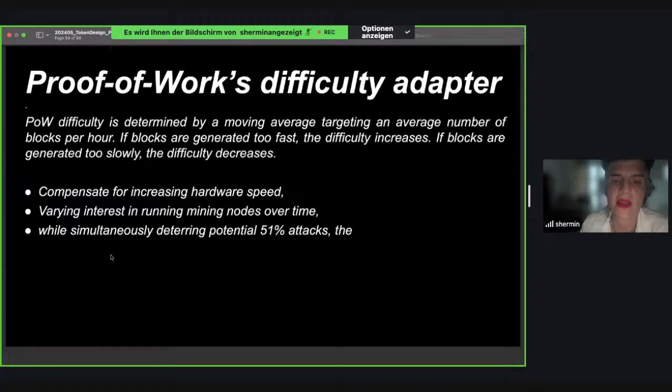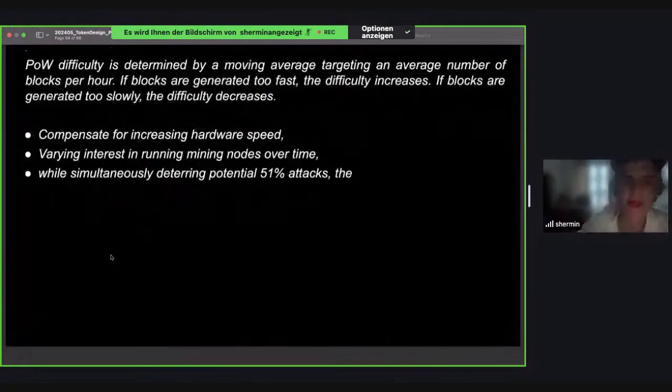So you need an automatic adapter to compensate for increasing or decreasing network activities, while simultaneously deterring potential network attacks, or what we refer to as 51% attacks.